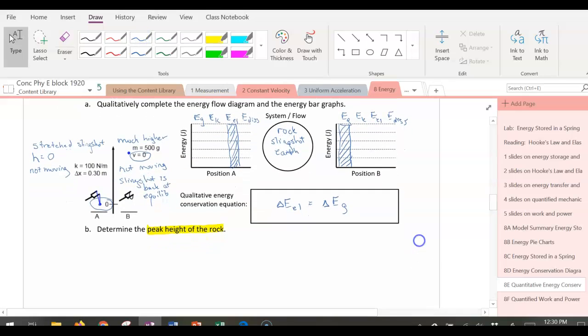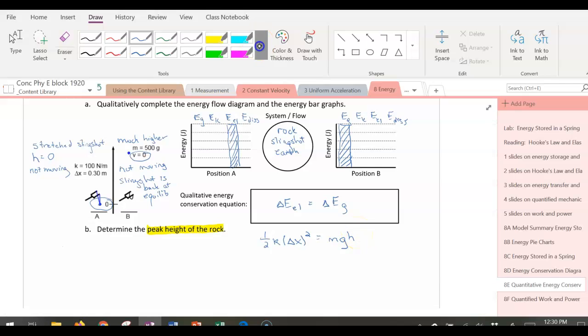Okay, so I'm going to take my conservation equation and plug in the formula to calculate each type of energy. For elastic potential energy, that formula is 1/2 the spring constant times the displacement of the end of the spring squared. The formula to calculate the gravitational potential energy is the mass times 9.8 times the height.